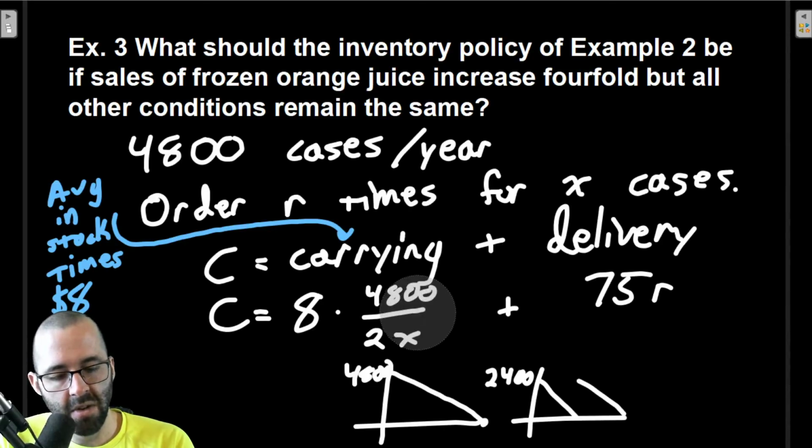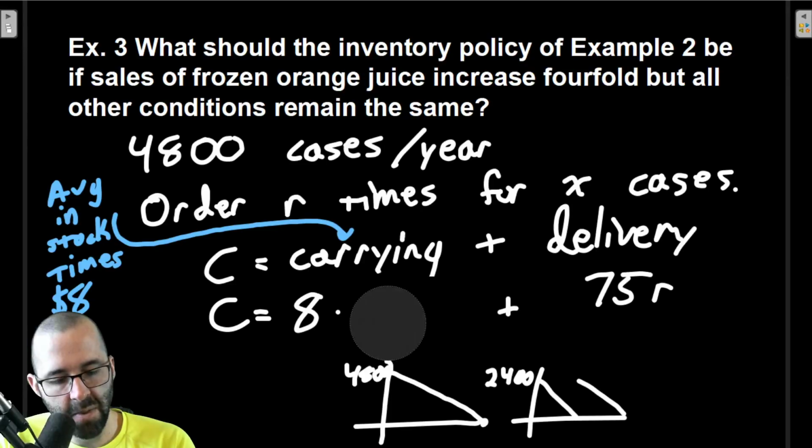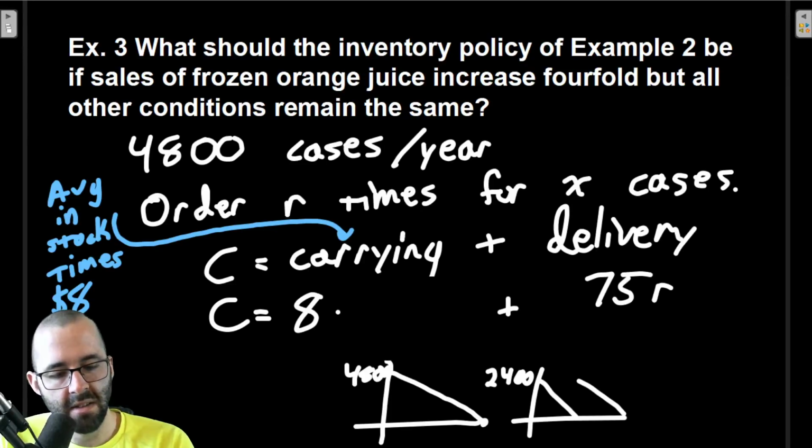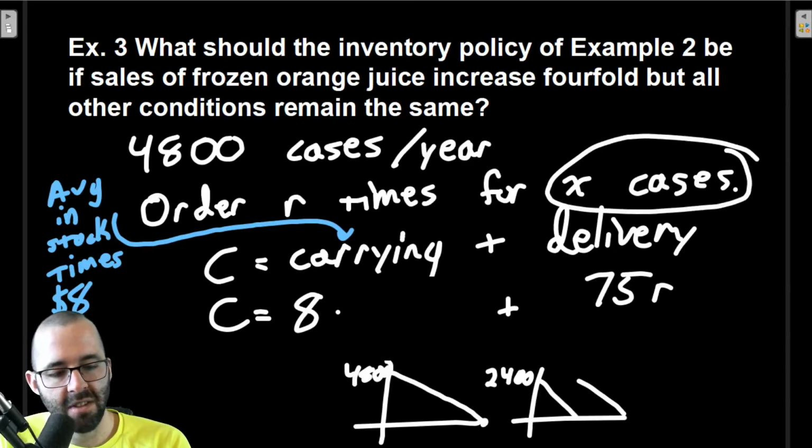Let's erase this part real quick, and erase this part, and then we'll talk about it. If I'm ordering twice, then each time I'm ordering, this is our X value up here. X is how many things we're ordering at a given time. We're showing a different approach here.